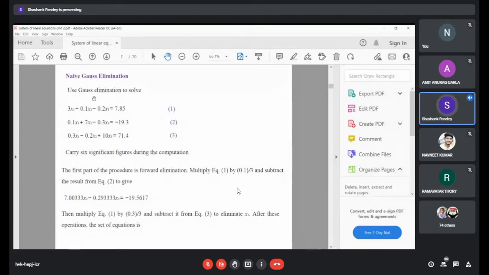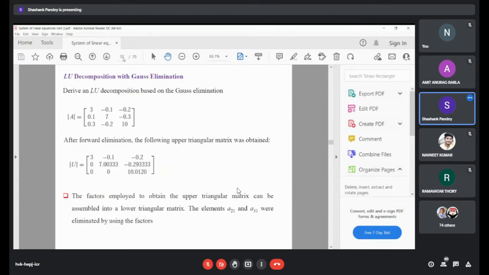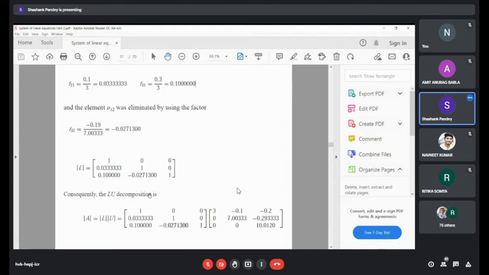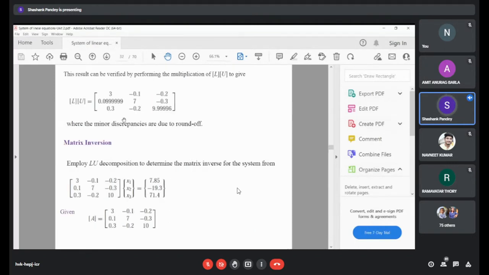This original set of equations was this, and we multiplied with these factors, and we are storing these factors in a lower triangular matrix. So if we multiply the upper triangular matrix with the lower triangular matrix, we'll get the same thing, the A matrix.